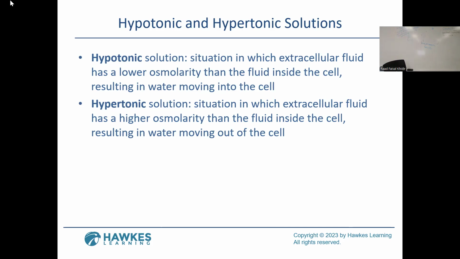I put it in solution C. I know the osmolarity inside my red blood cell is 300 milliosmoles. Inside this red blood cell is 300 milliosmoles. And in C, it's still 300 milliosmoles.